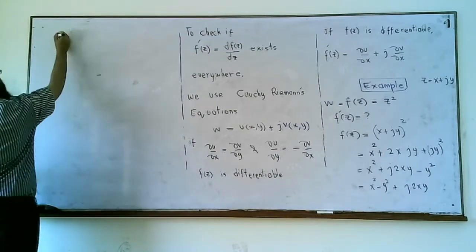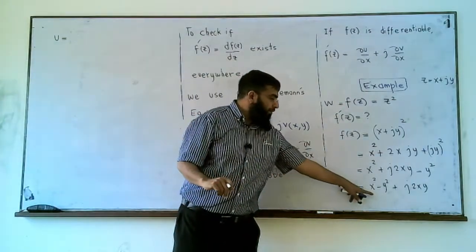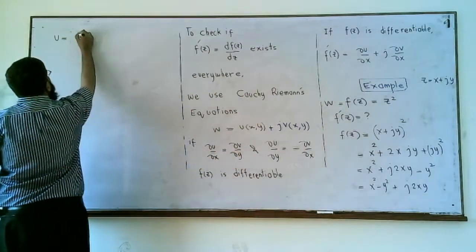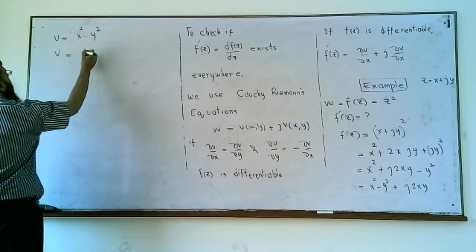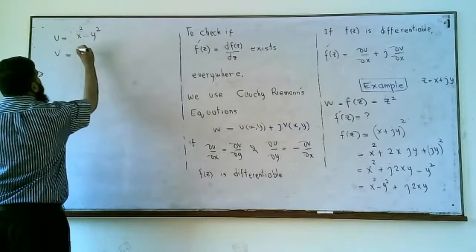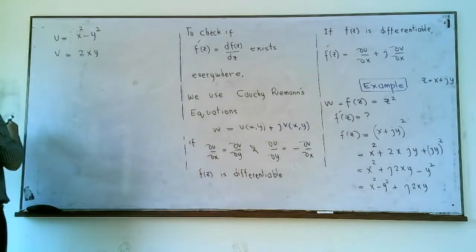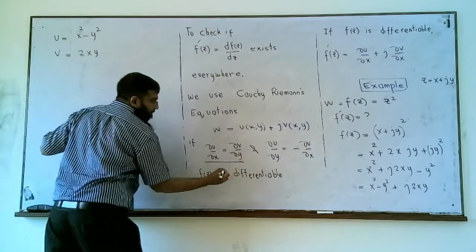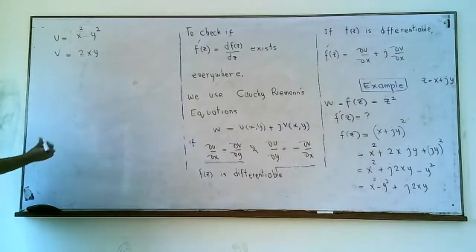Right, so u is the real part of f of z, x squared minus y squared, and v is the imaginary part, 2xy. So let's compute partial u over partial x and these four partial derivatives to know whether the function is differentiable.